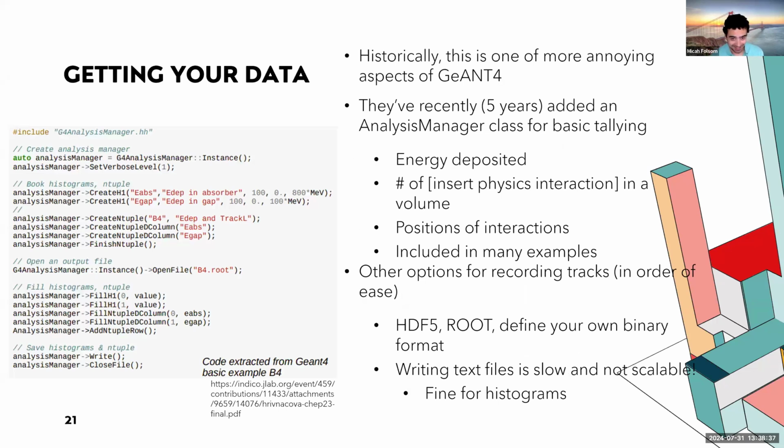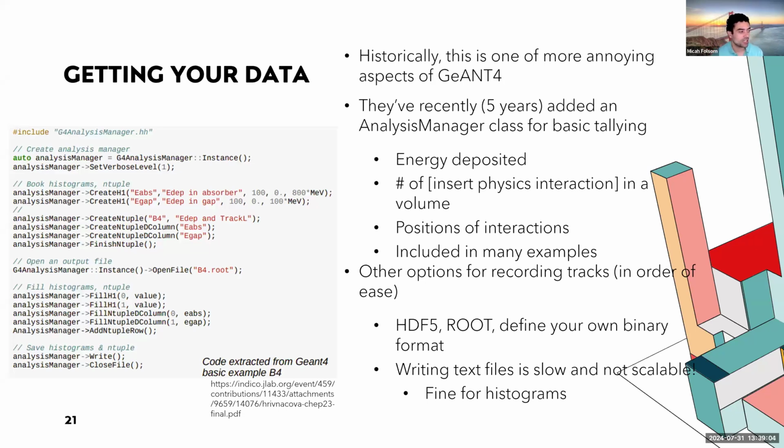So then getting your data, you do all these things. You define your physics list, your geometry, your particle source. You throw all this together, and you've got an application now that is doing a simulation. Great. You need to get the data out. And in MCNP, you'd be using tallies. There is this functionality in Geant4, but it's newer, in the last 5 years, this has become featured more prominently in the examples.